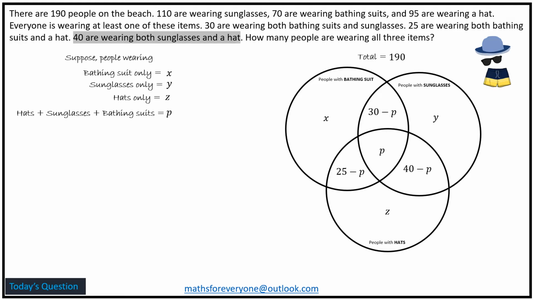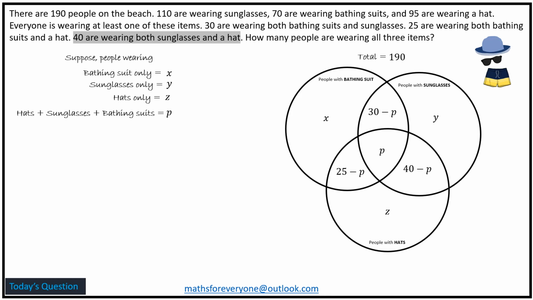And the next one is 40 people wearing sunglasses and a hat, so the people wearing both sunglasses and hat would be 40 minus B. We know these numbers, they've been given to us.